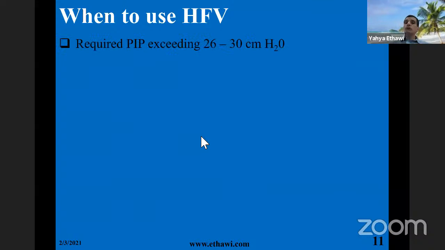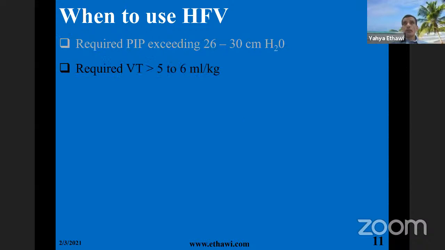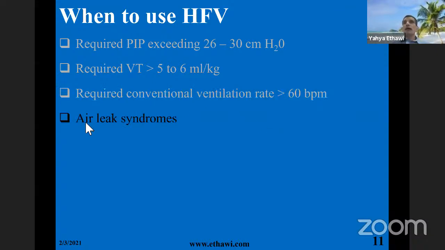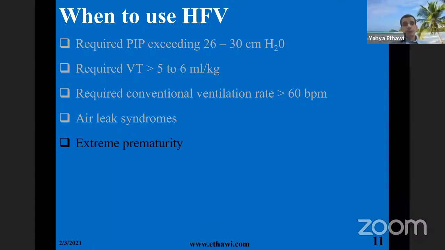So when do we use high frequency ventilation in a preterm baby? When our PEEP in conventional ventilation exceeds 30 centimeters of water, when our tidal volume exceeds 6 ml per kg, when we need a rate of more than 60 to wash out CO2, and when we have air leaks, whether it's PIE, pneumomediastinum, pneumothorax, emphysematous changes or blebs.